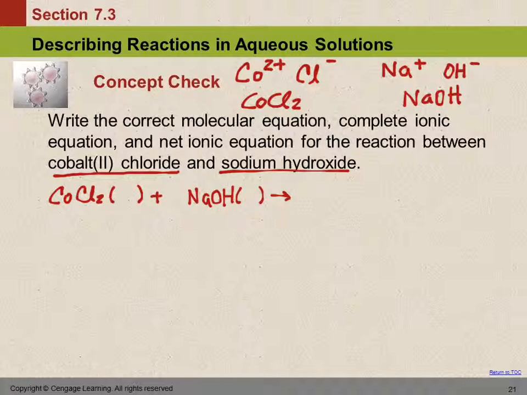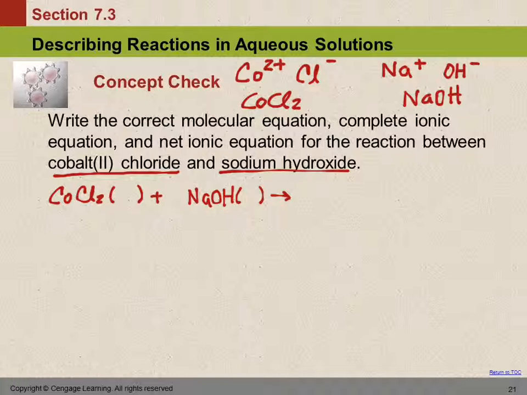How do we figure out what state those are in? The question is a little vague. It should say that this is happening in solution or something like that. You can't really get a reaction between two solid ionic compounds.